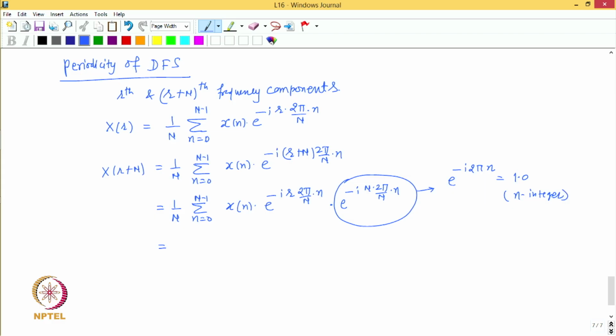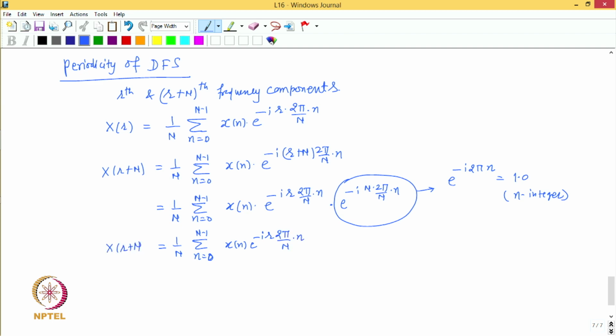Since n is integer, e to the power minus i 2 pi n is always 1, and therefore, the coefficient x r plus N becomes summation n equal to 0 to N minus 1 x n e to the power minus i r 2 pi upon capital N into small n. This is x r plus N.